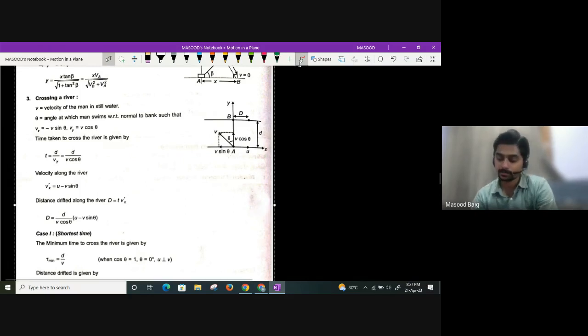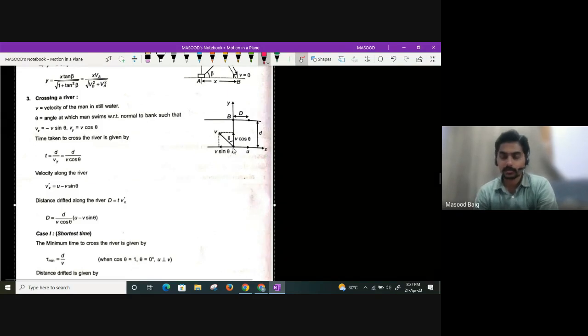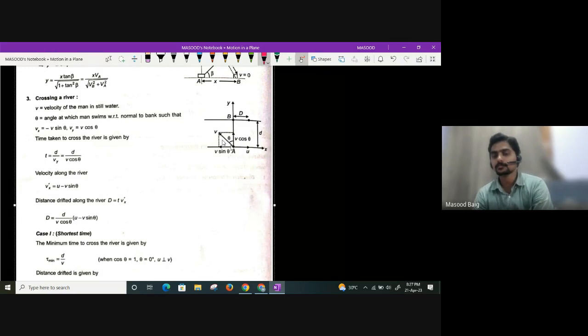So let us say this fellow who is at A starts to swim like this with speed v, in order to reach the other shore, moving at an angle theta with respect to the vertical. What they are asking is the time taken by the man to cross the river.